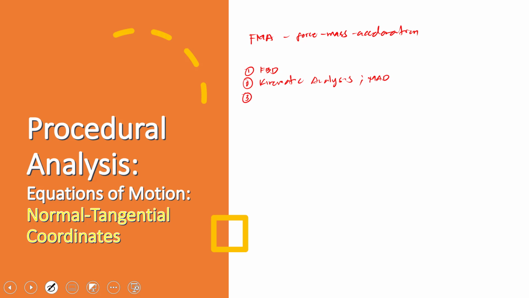The next part is of course the formulation of the equations of motion, which oftentimes involves the pairing of FBD and MAD. So it is pretty much the same as the rectangular coordinates procedure, except, again, for the kinematic analysis, because our inertial frame of reference is quite different from that of rectangular coordinates.